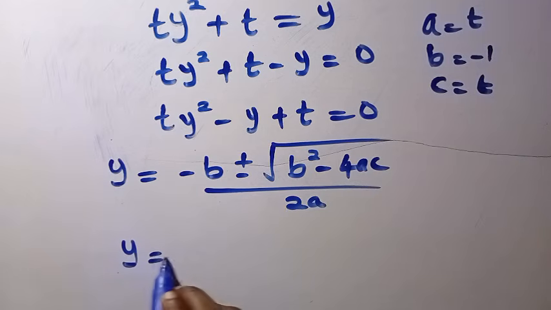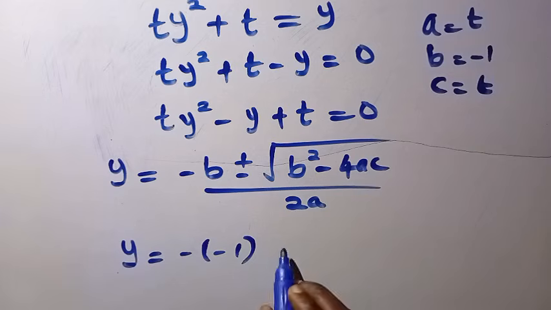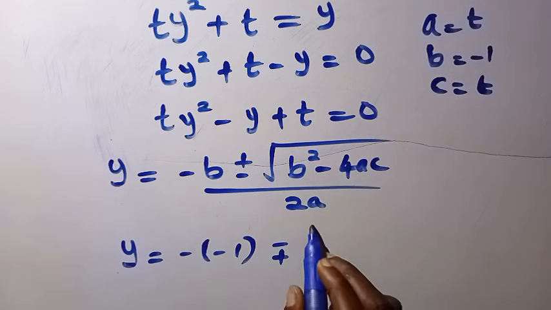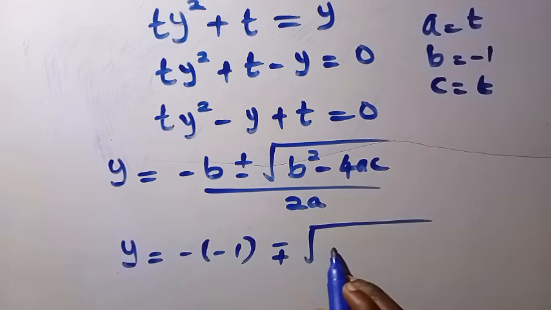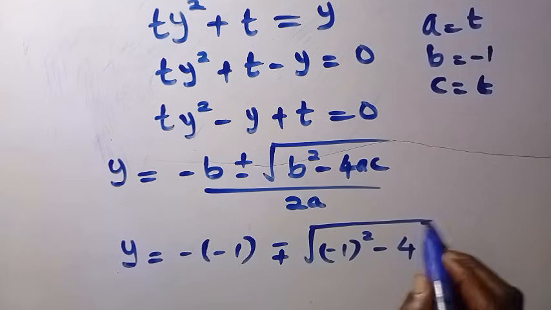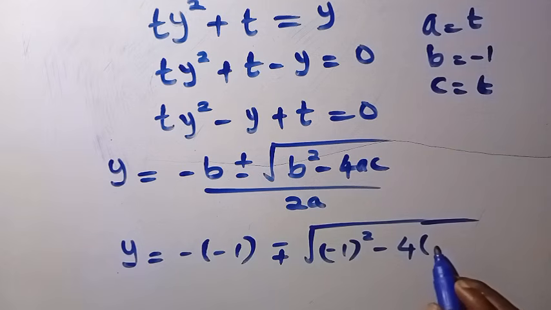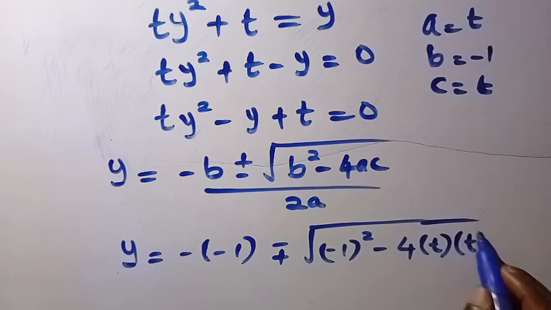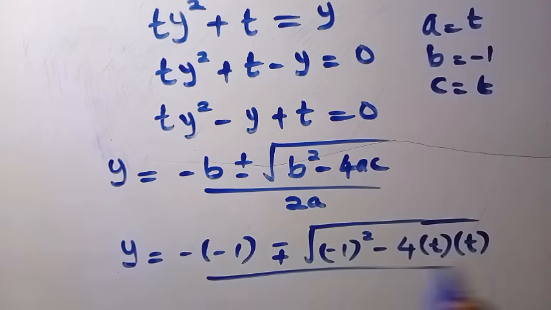So y will be equal to minus bracket minus 1, plus or minus, any of the two, then the square root of minus 1 squared minus 4 multiplied by a, which is given as t, and c is also given as t, all divided by 2 multiplied by t.